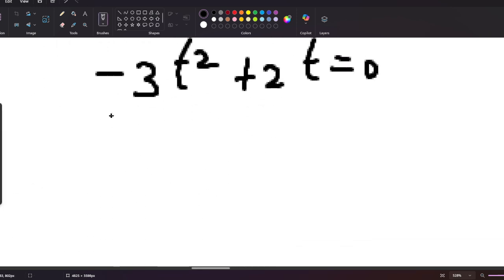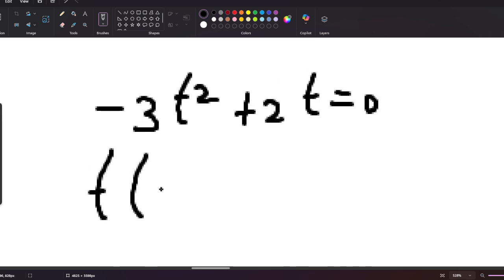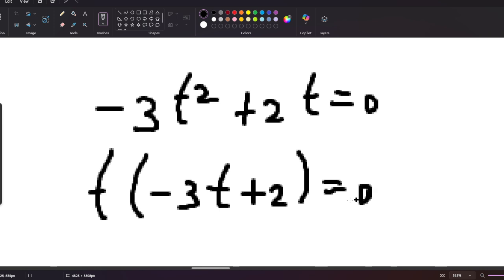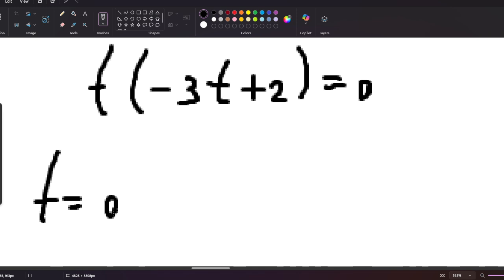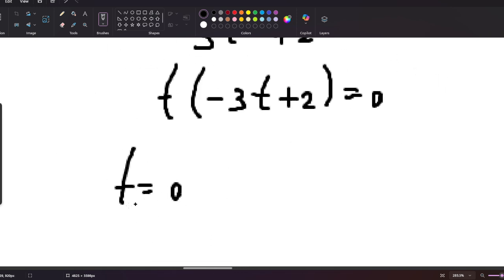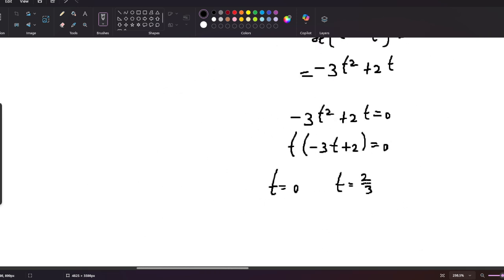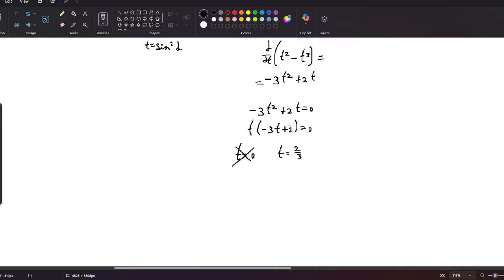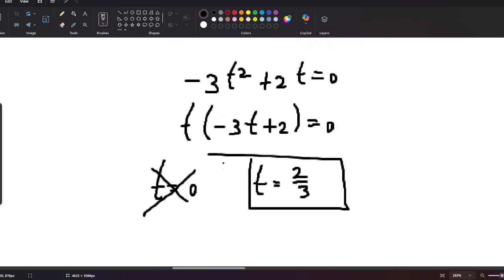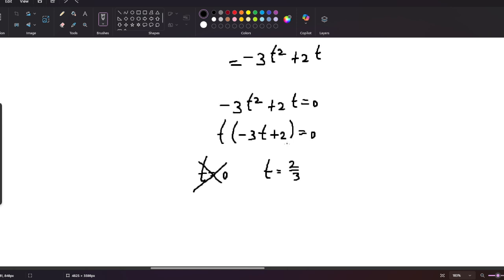It's going to be equal to 0 either when t is equal to 0 or when minus 3t plus 2 is equal to 0. Now, one of the critical points of the function is t equals 0, and the other critical point is going to be 2 over 3. So we know that we don't need the t equals 0 critical point. This is the only critical point that actually matters to us.